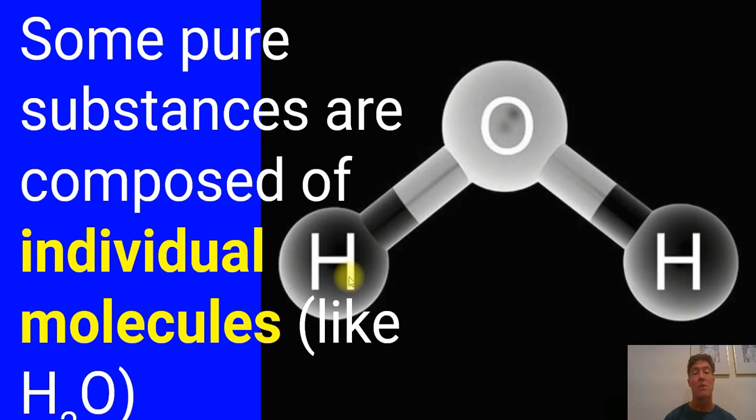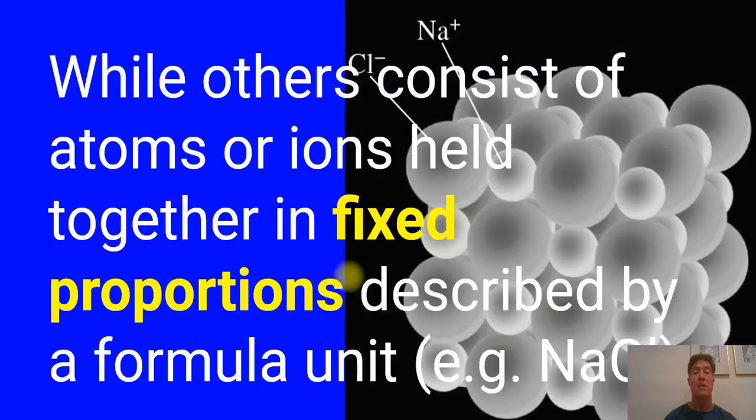Some pure substances are composed of individual molecules, like water, so covalent compounds are made up of individual molecules, while others consist of atoms or ions held together in fixed proportions, described by a formula unit. For example, the ionic compound sodium chloride, or table salt. We describe that as NaCl, but it doesn't exist as one Na and one Cl.